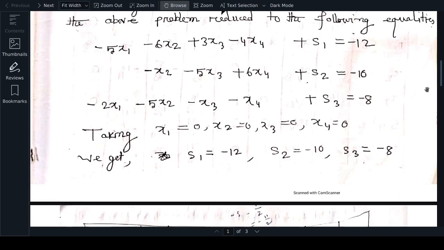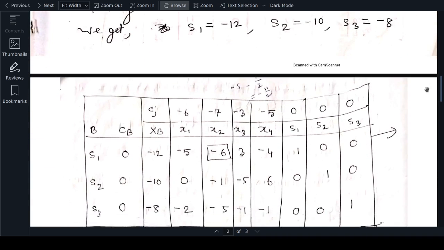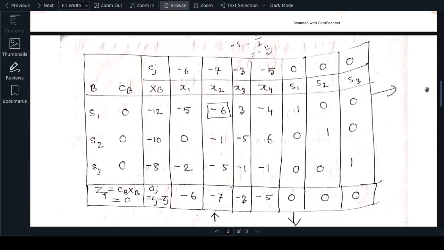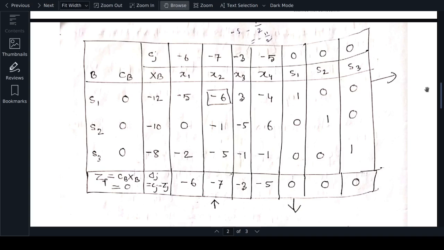So this is 0, and delta J means Cj minus Zj, which is Cj minus CB into Yj, same as the earlier format. After calculating delta J, the first column gives us minus 6, the second is minus 7, the third is minus 3, the fourth is minus 5, then 0, 0, 0.